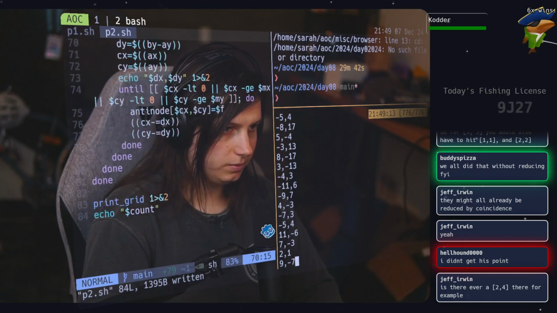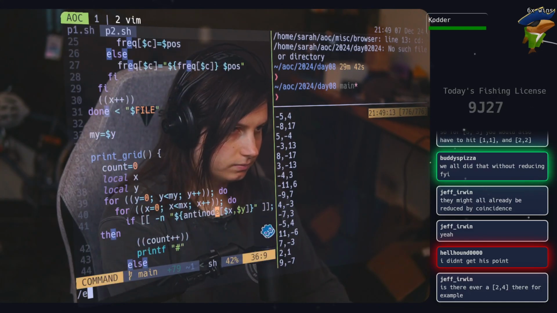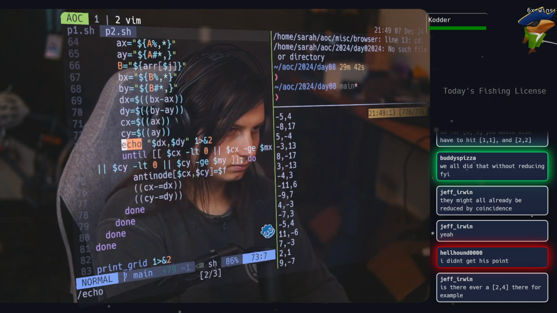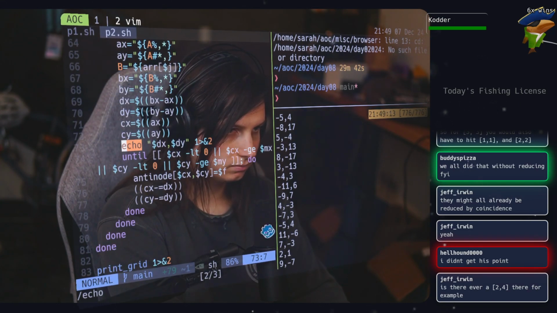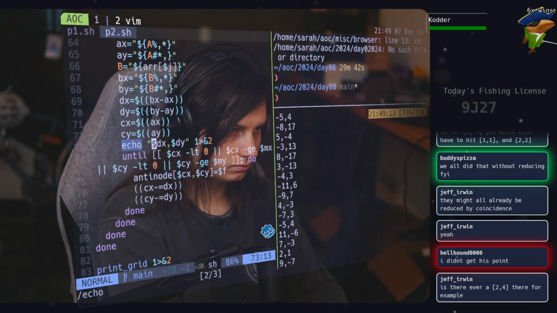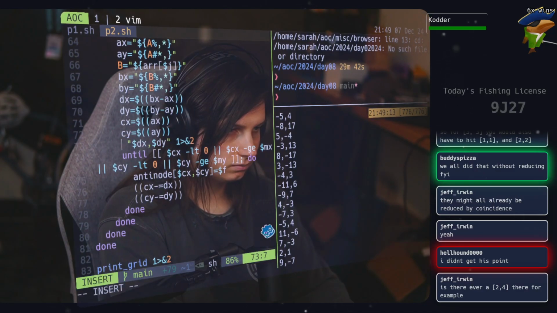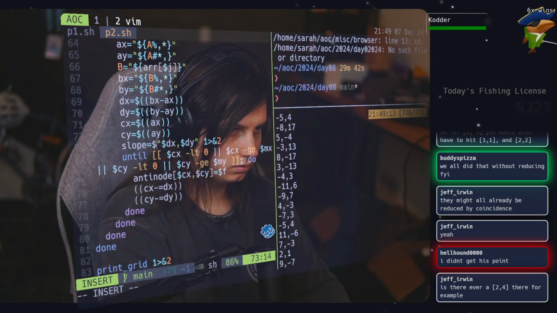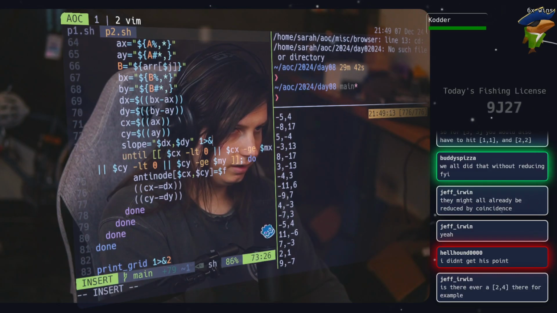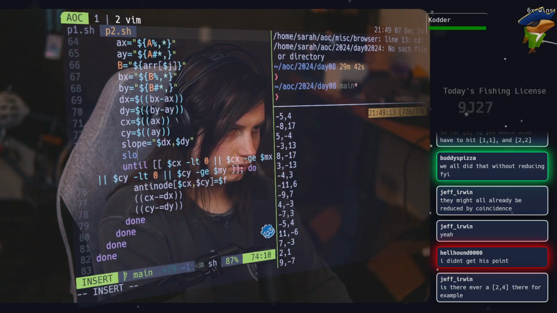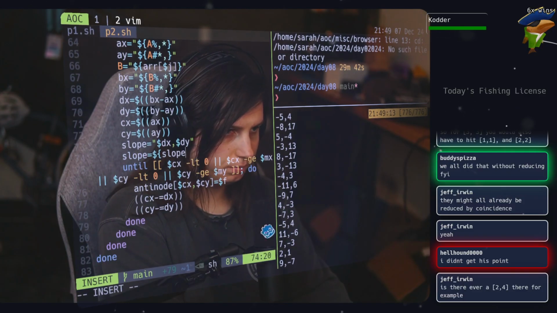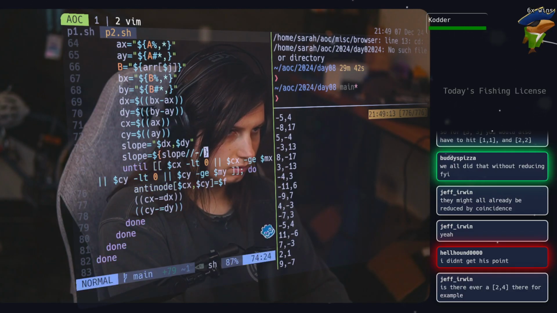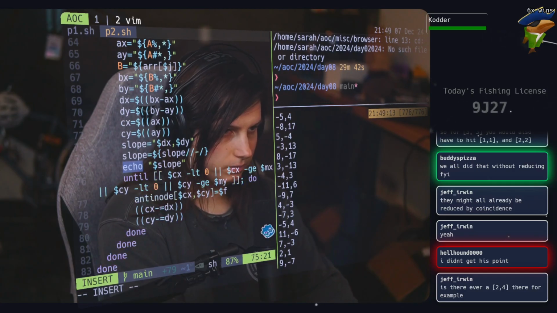Let me set slope equals slope, echo slope.